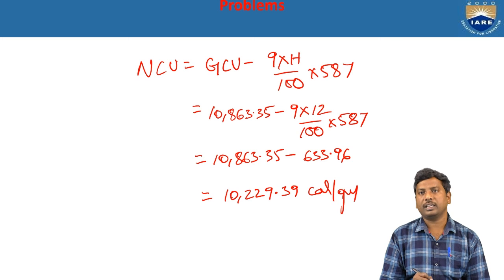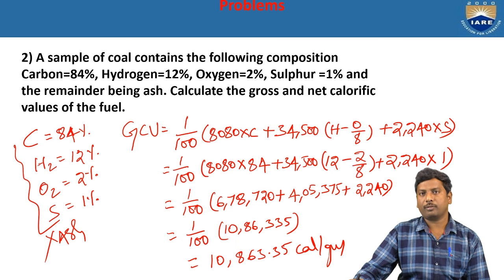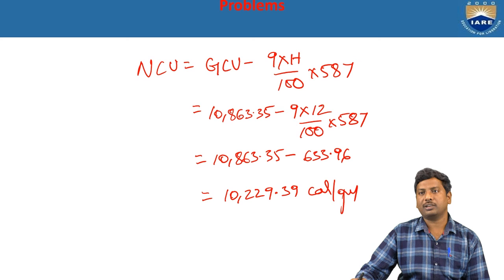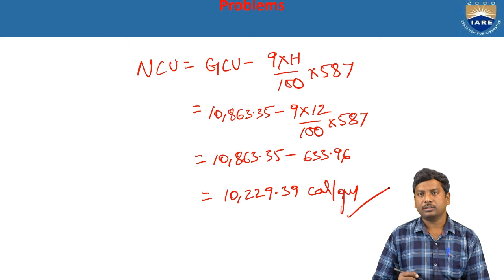Okay, so this is the determination of net calorific value for the given problem. For the given problem, the gross calorific value is equal to 10,863.35 and net calorific value is equal to 10,229.39 calorie per gram. So this is the determination of gross calorific value and net calorific value for model problem 2.